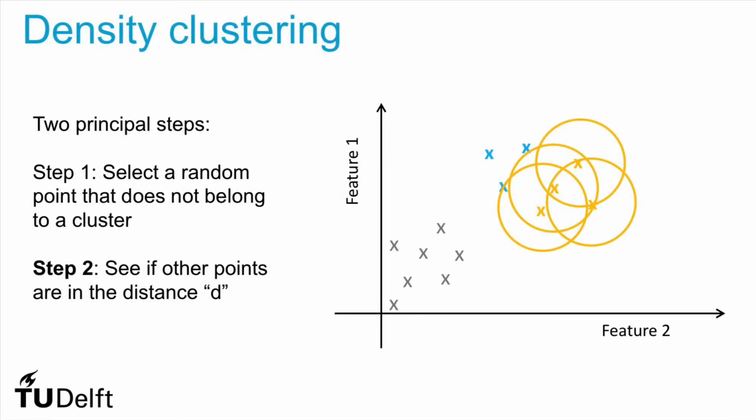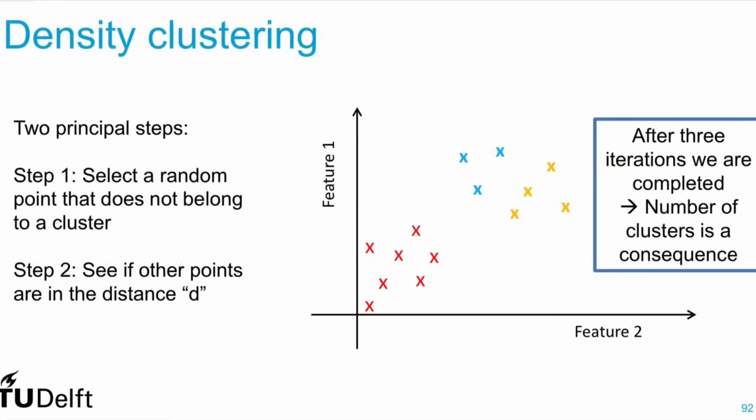Then we repeat the steps again, checking each point, and we have those four points for the yellow cluster. We repeat the steps again, and then we find one more cluster, the red one. And after 3 iterations, the method stops. As you can see, the number of clusters turns out to be a consequence of the distance that we select.